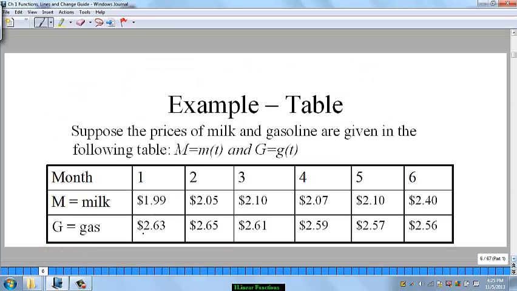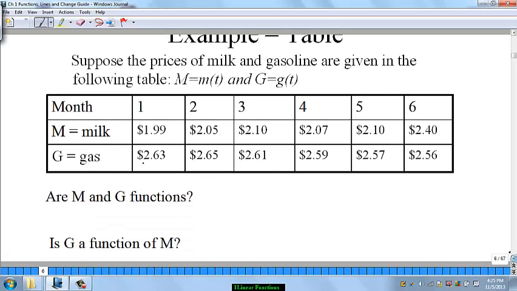All right, now let's talk about having something be a function or not. So I want to know, are M and G functions? Well, remember, for every input, which is our x value, I have to have just one output. And it has to be unique. So in this case, I've got Tm and I have Tg. So I just got to make sure that for every time that I have, it has only one output.